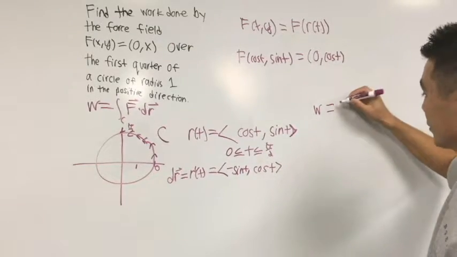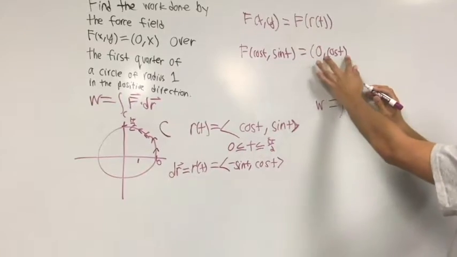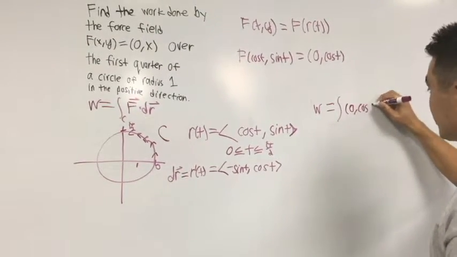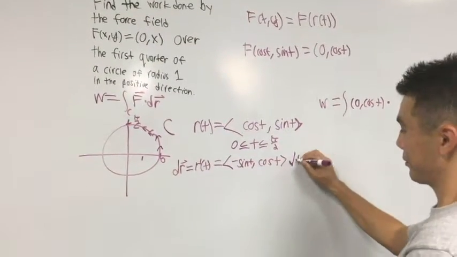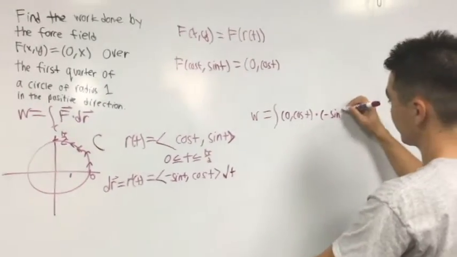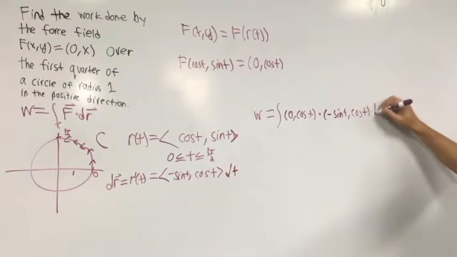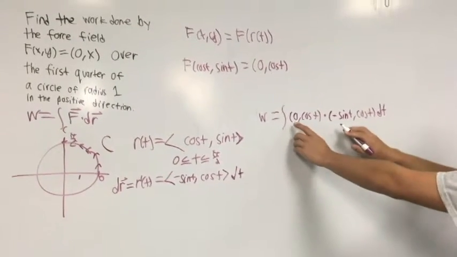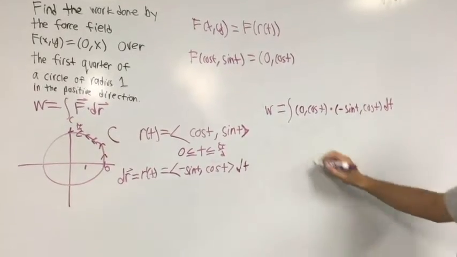Work equals the integral of F, which is 0, comma cosine of t, dotted with dr, which is negative sine of t, cosine of t dt. Now, to take this dot product, it's this times this plus this times this. You should all know how to take a dot product.